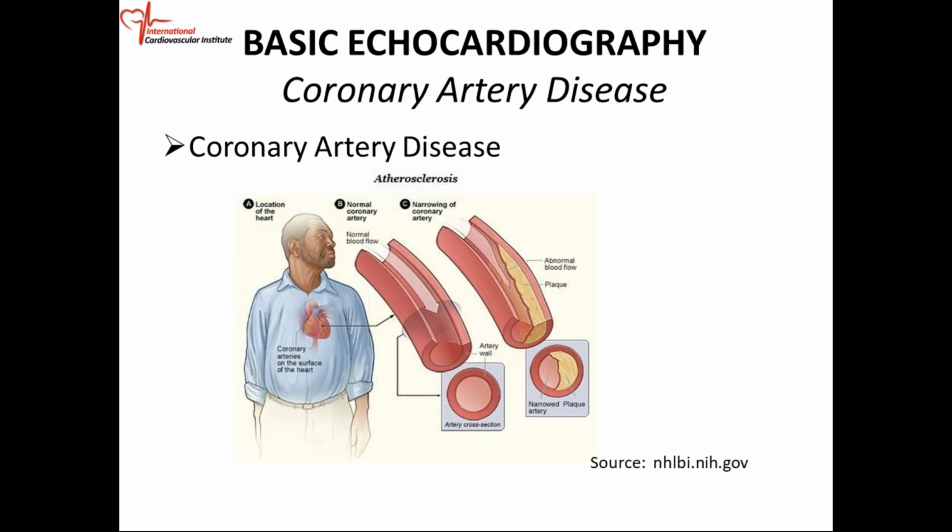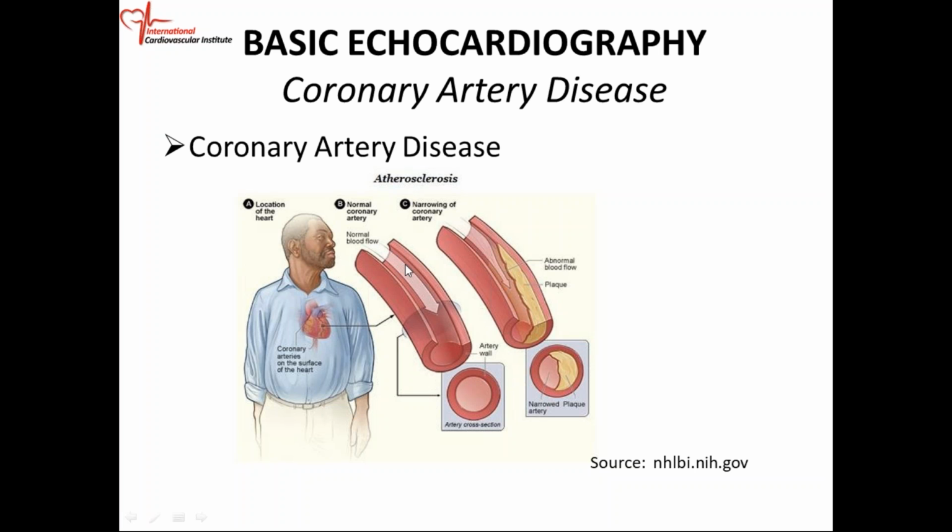Now, as we were saying before, the normal blood vessel lumen is supposed to be nice and smooth. The innermost layer is what we call the endothelium. Then you have the muscle layer, and then outside of that you have the adventitia.